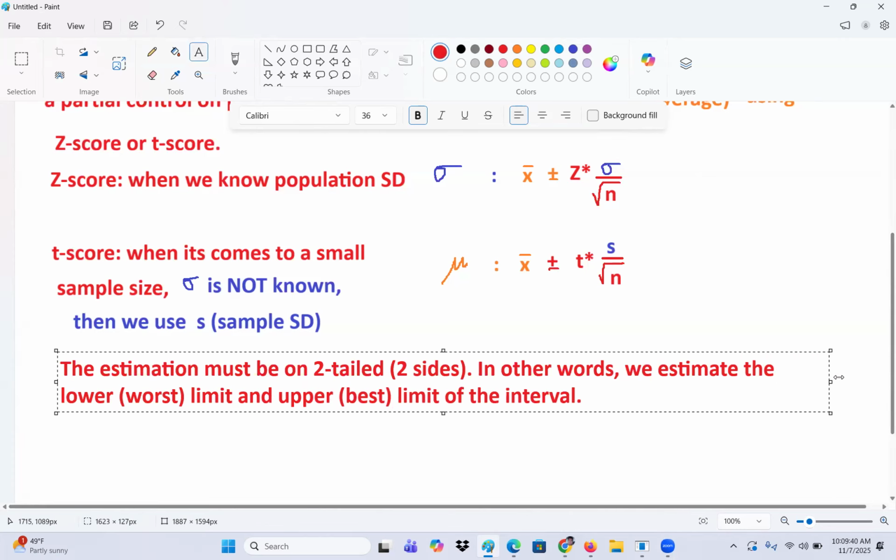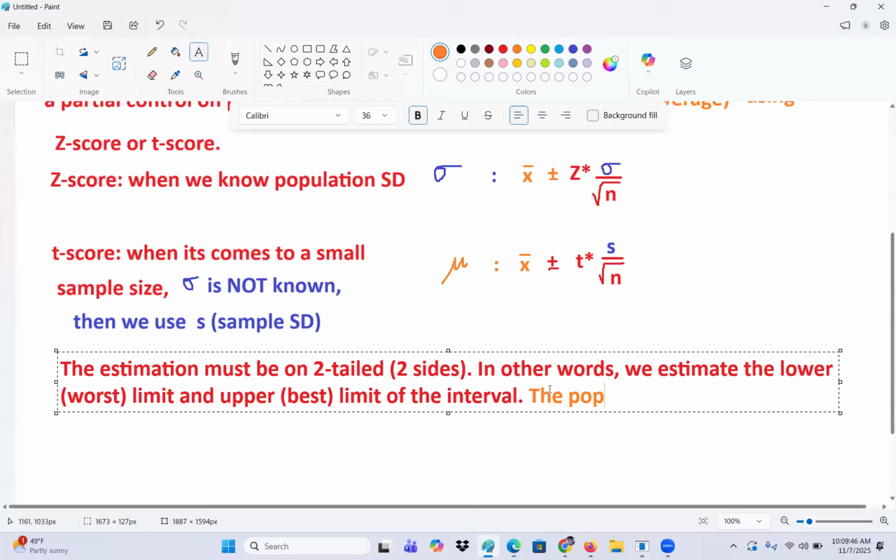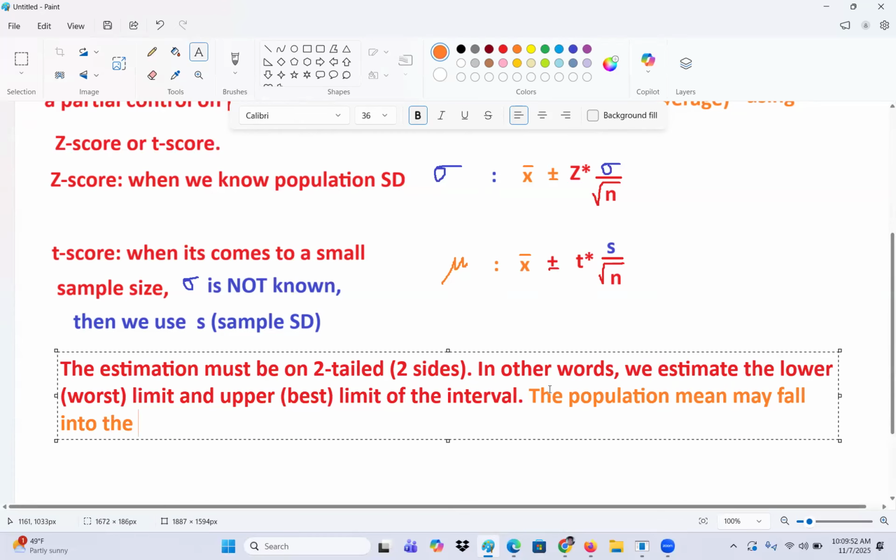So the population mean may fall into that interval at 95% confidence or 99% confidence, something like that, and 90% confidence, and so on and so forth.